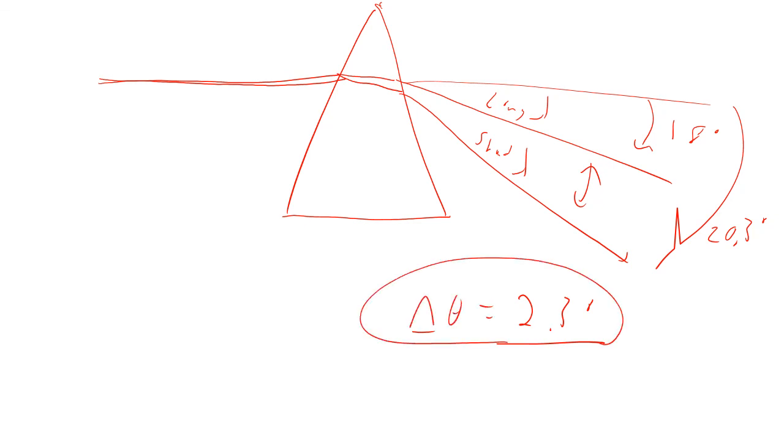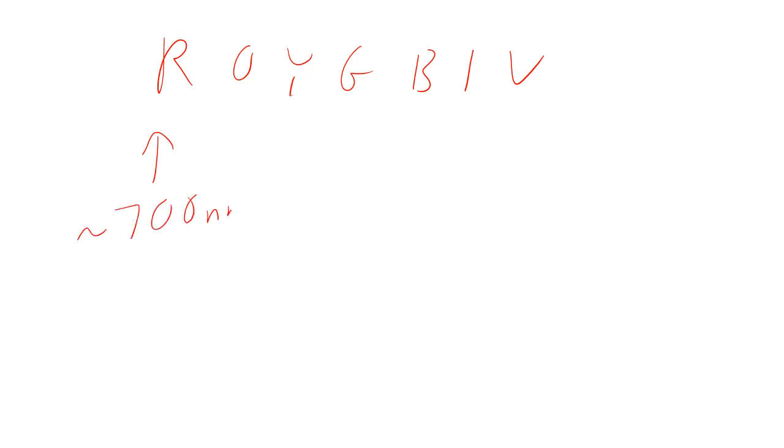Okay. Now, if you remember, for the electromagnetic spectrum, red, orange, yellow, green, blue, indigo, violet. This is the long wavelength. The longest wavelength you see is about 700 nanometers. The shortest wavelength you see is about 400 nanometers.